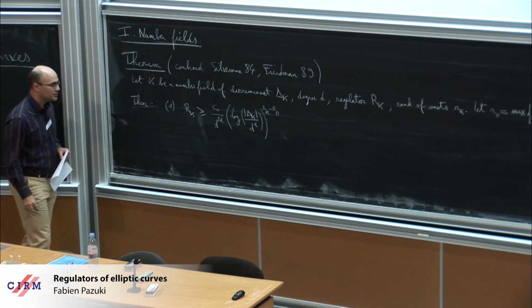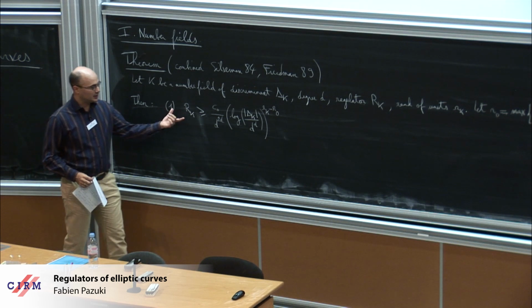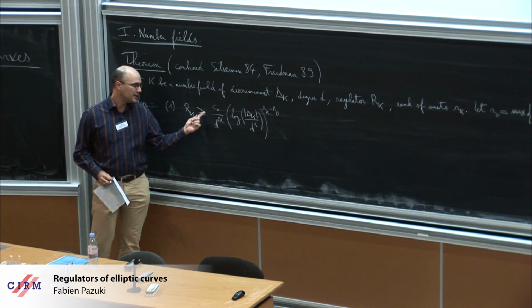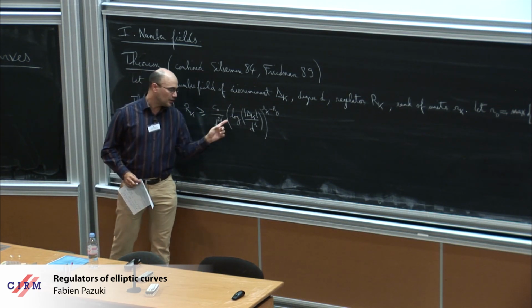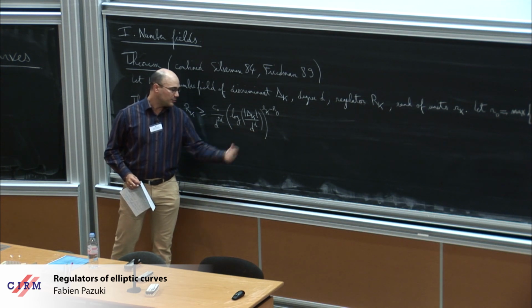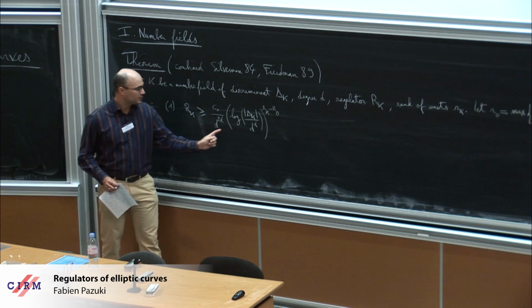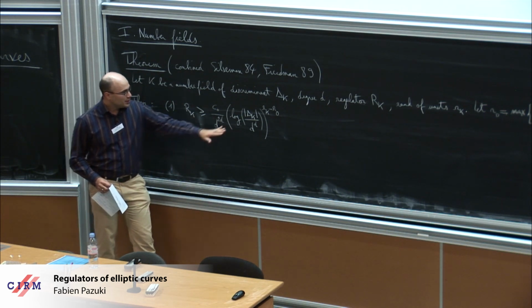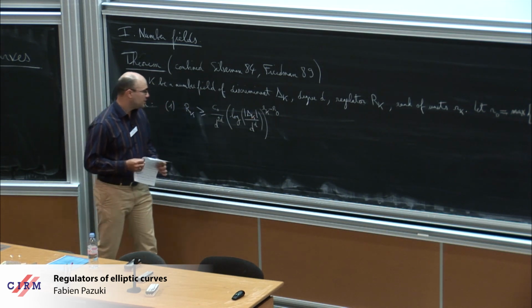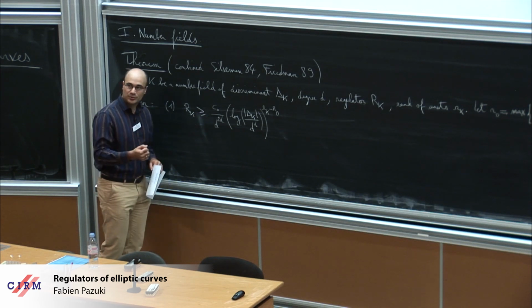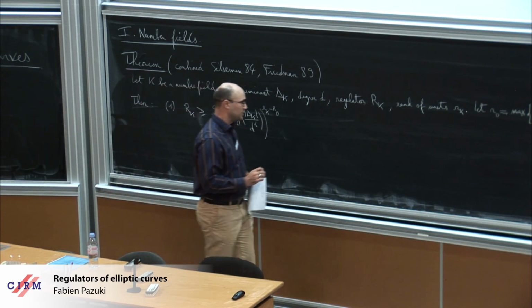So that's the first inequality we have. The regulator is controlled from below by an expression involving log of the discriminant. You divide by the degree in an exponential form, here as well, outside of the log. The power here is r_K minus R0, and C0 is a universal constant that is positive.